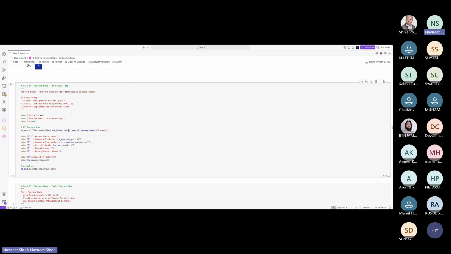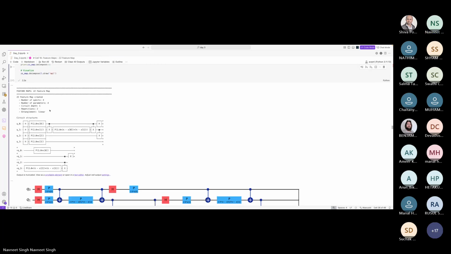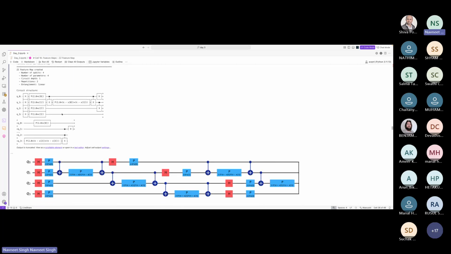Then we create a feature map with 2 repetitions and linear entanglement. Two repetitions says we repeat the feature map block twice, adding depth. I will show you. This is how complex it is.